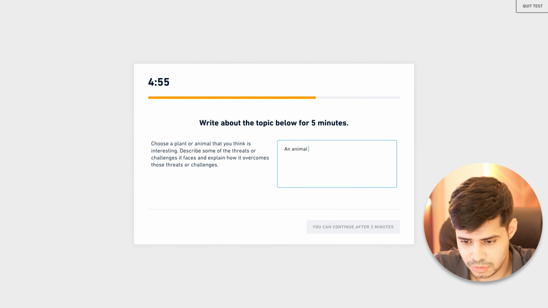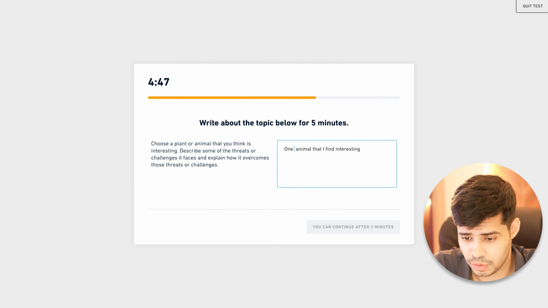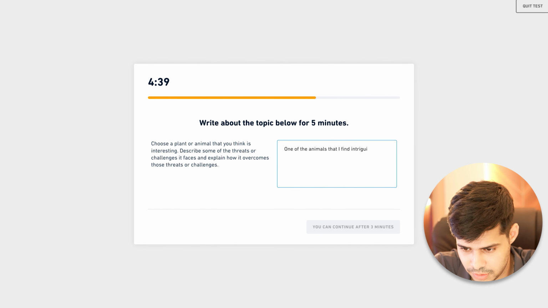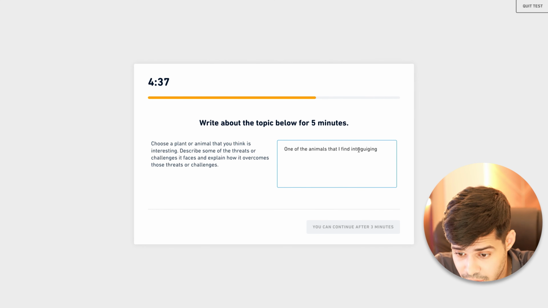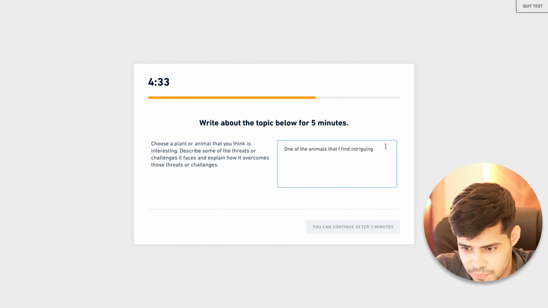An animal that I find interesting, or you can say that one of the animals that I find intriguing, right? Let's paraphrase the question. Intriguing, I-N-T-R-I-G-U-I-N-G, is called the lion.